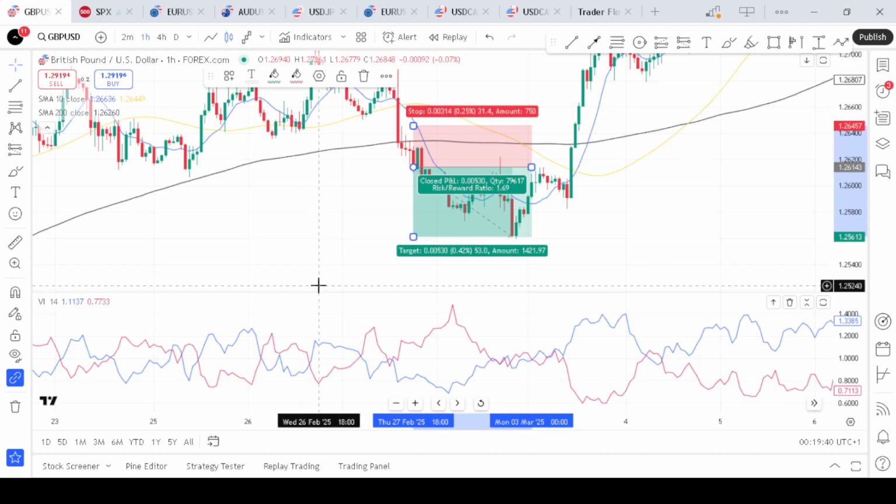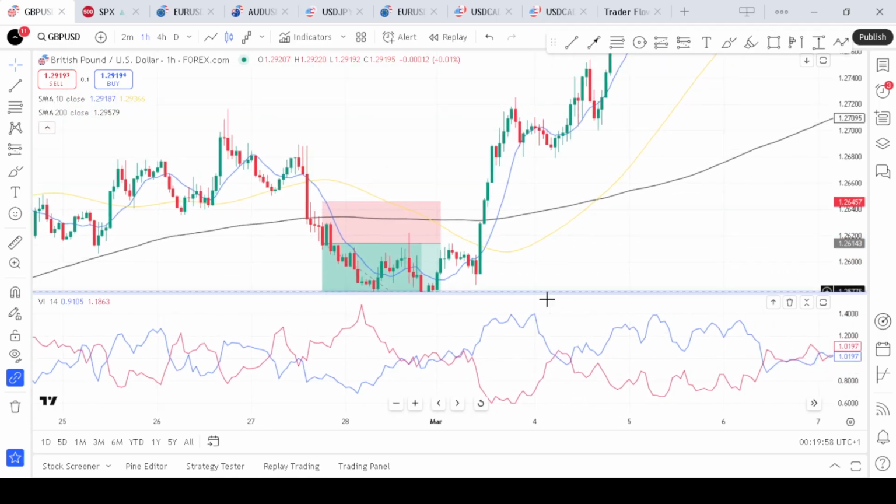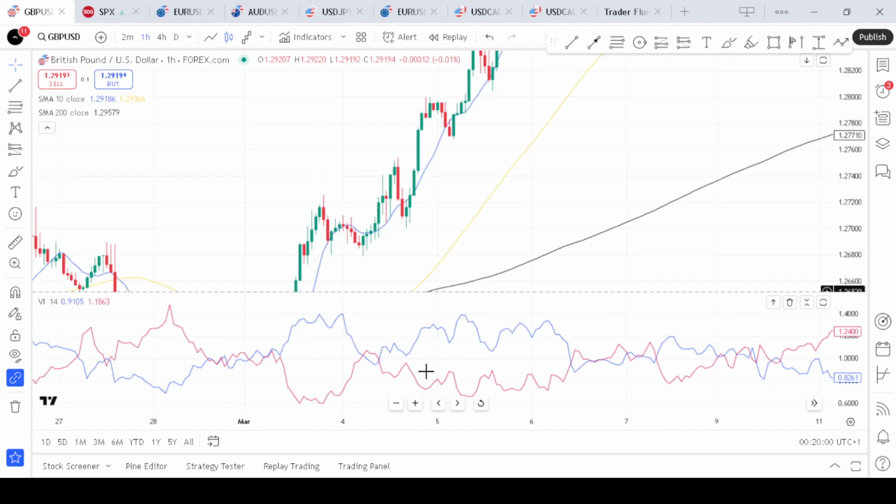As the trade progresses, you have to monitor the relationship between the vortex lines and the moving averages. You can also consider taking partial profits when price reaches the long-term moving average, as this often acts as a significant resistance or support level.